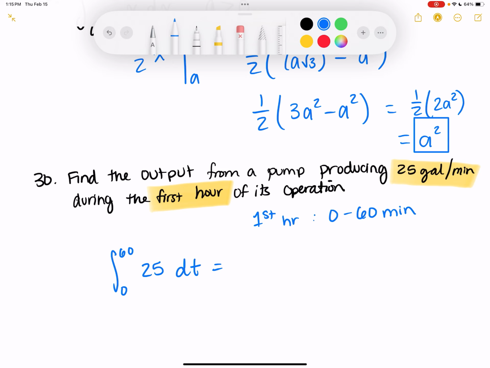Yep, 25 times 60 minus 0. Anybody got that number? 1,500, and always, always, always have to remember units. What would the units be on here? Gallons, because we're looking for the output.